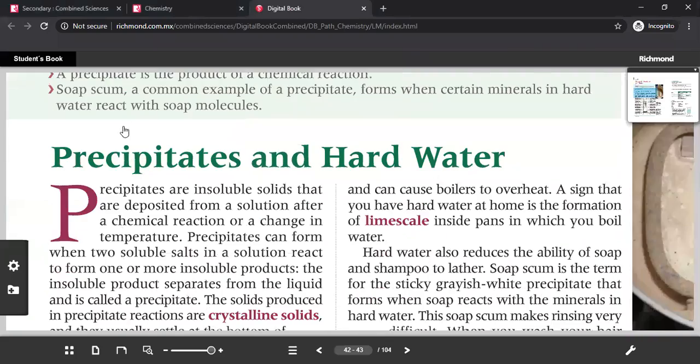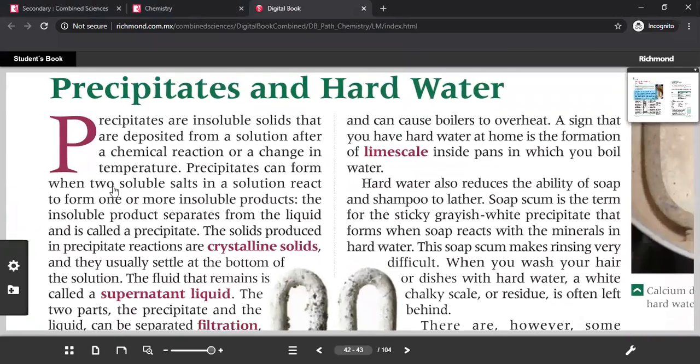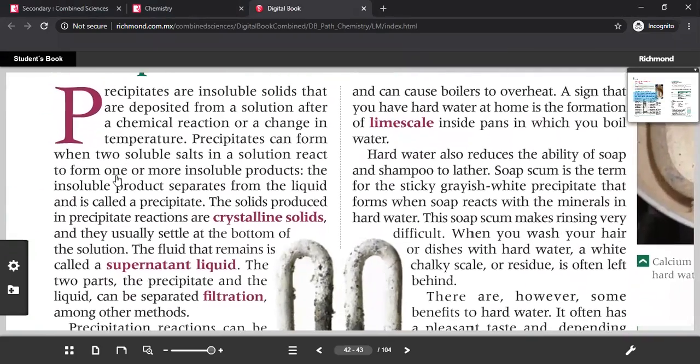So precipitates and hard waters. Precipitates are insoluble solids that are deposited from a solution after a chemical reaction or a change in temperature. Precipitates can form when 2 soluble salts in a solution react to form 1 or more insoluble products.